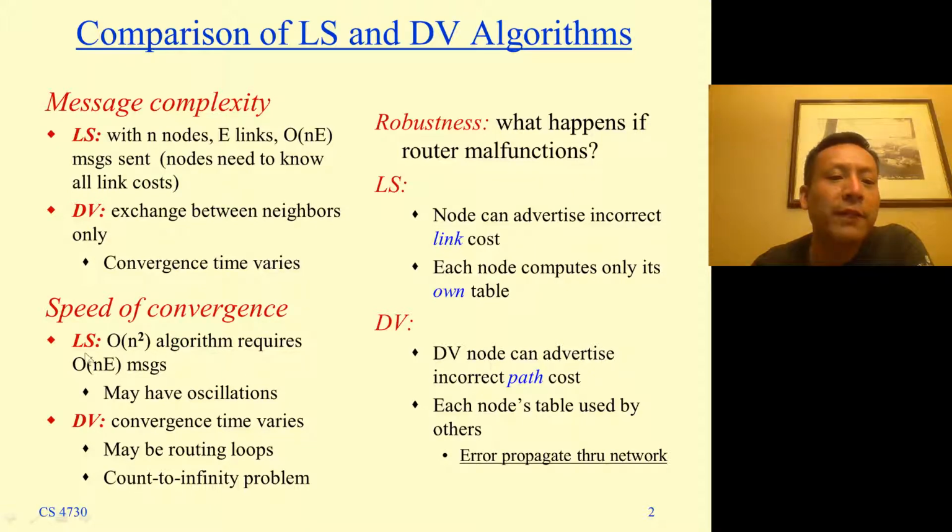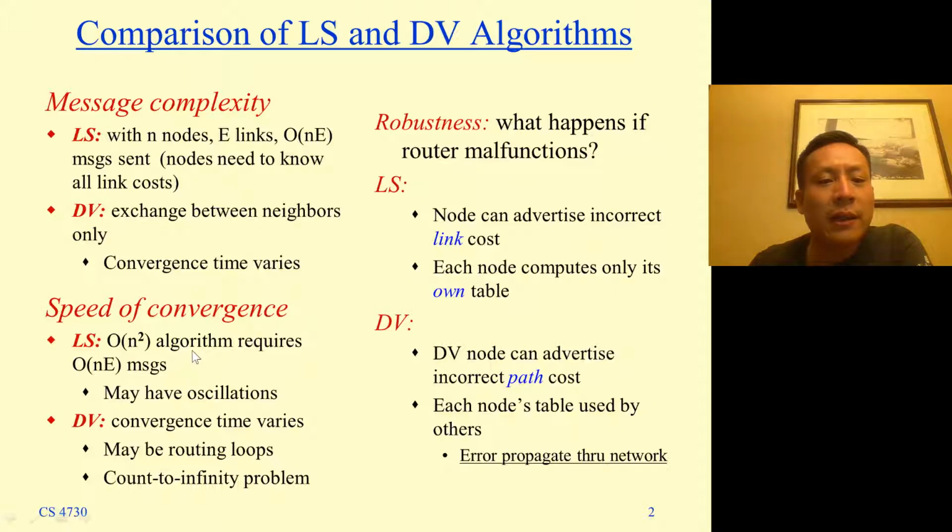Specifically for link state, the convergence is all about flooding. As long as all the nodes get the complete graph's link costs, then they can run these local Dijkstra's algorithms, so they don't have to take a long time.